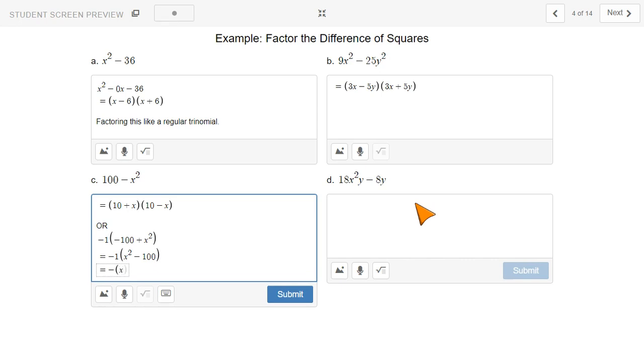Then x plus 10, x minus 10. So these are two different ways. It will give you exactly the same answer, just written differently.